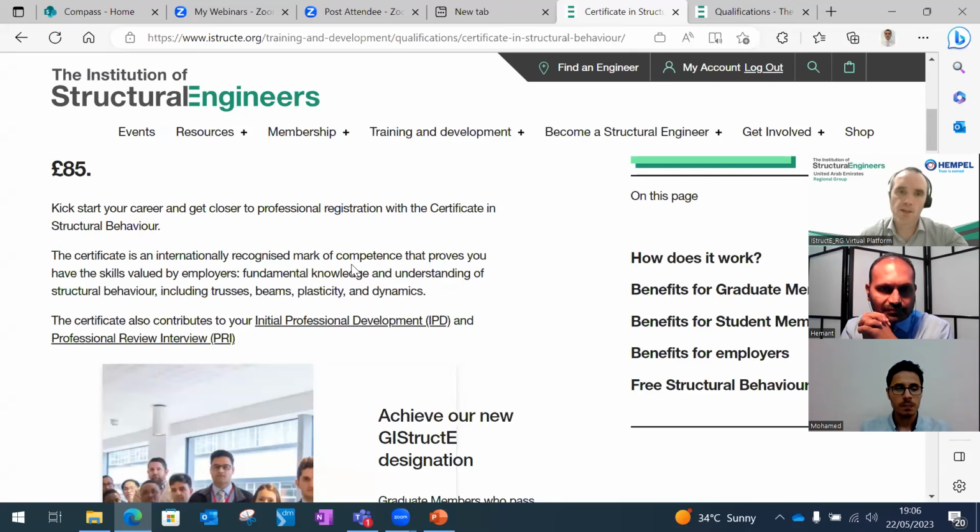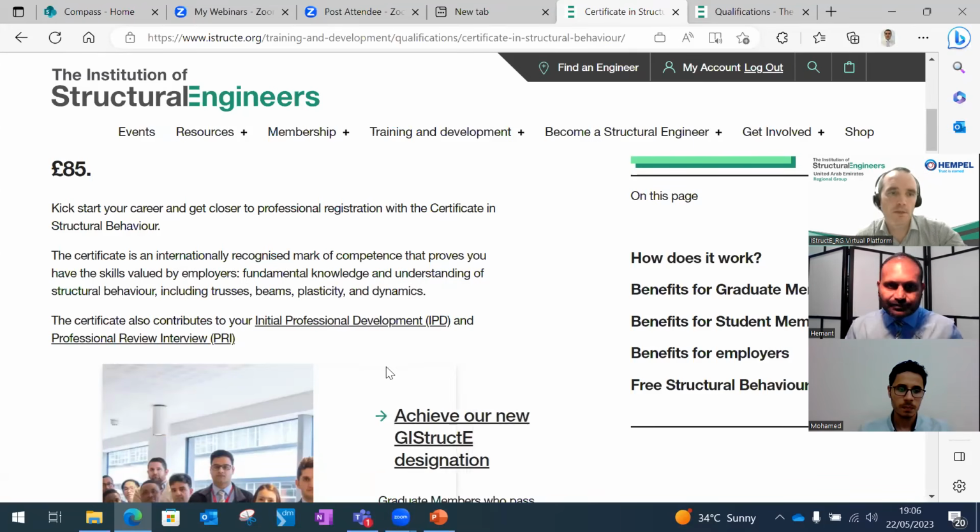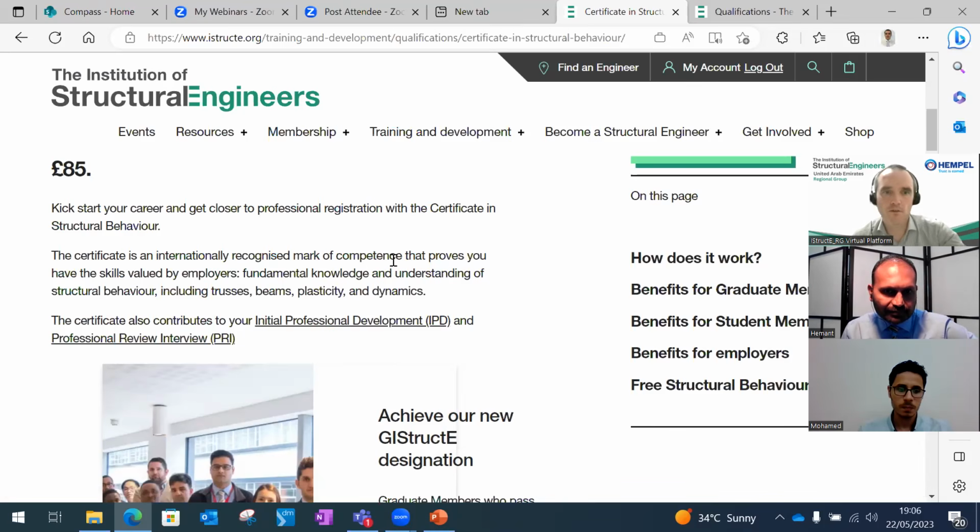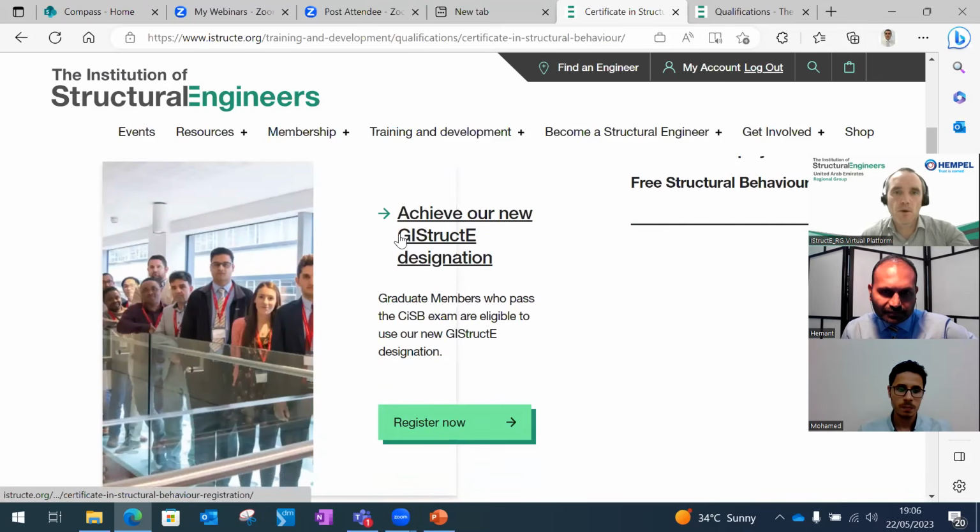You can put those qualifications after your name. If you're working towards chartership, the exam also contributes towards your initial professional development and the professional review interview. So this would be what you would get at the end, the GIStructE designation.